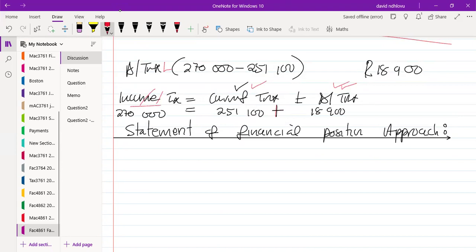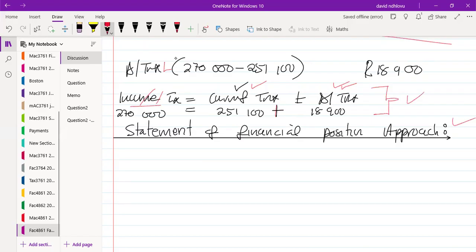So your questions and how the exam is set up, they won't normally require you to do the calculation that I did. They will ask for this by saying calculate deferred tax, calculate current tax, and then do what is called the tax rate reconciliation after. Now, to do this, you will be applying what is called the statement of financial position approach.